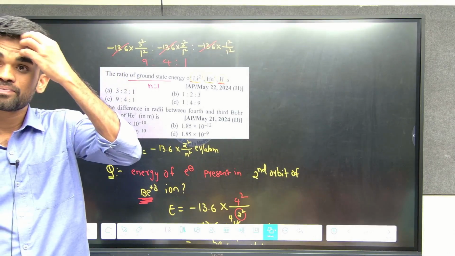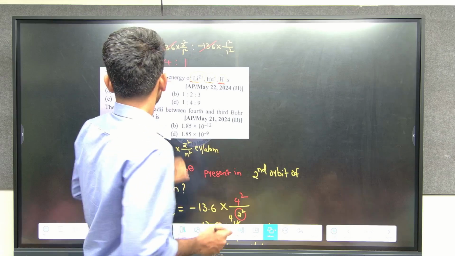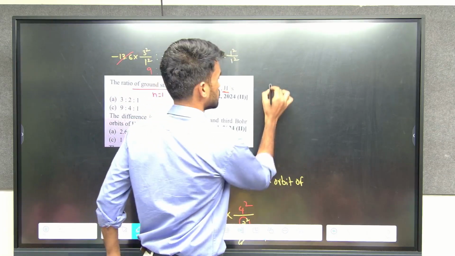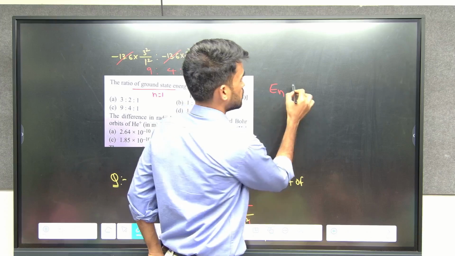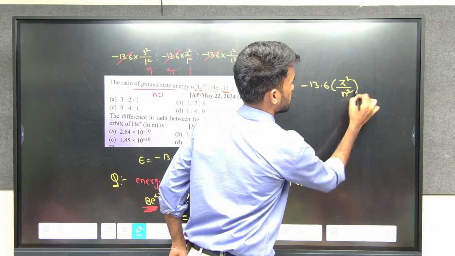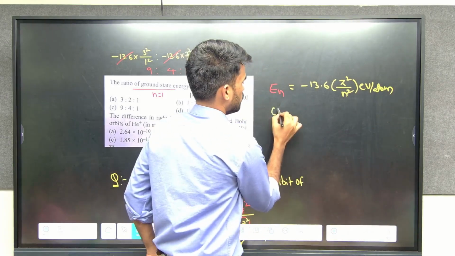Everyone got it? Yeah, so listen here. What is the energy formula? Minus 13.6 Z square by n square electron volt per atom. Next, what is the question I told you?